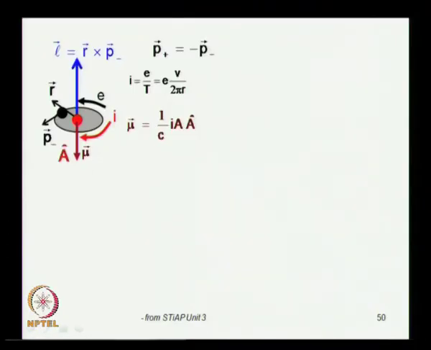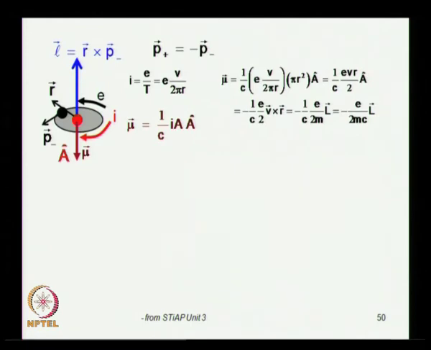So this is the magnetic moment that you get, where I is the current, which is ev over 2 pi r. You put I over here, the area is pi r squared, so you get e over 2c times vr, and vr is nothing but the magnitude of the cross product v cross r.